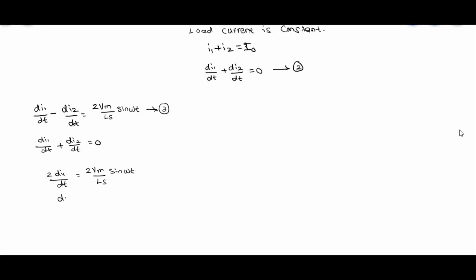So the final answer is di1 by dt will be equal to Vm by Ls into sine omega t, right? Number this equation as 4. Fine.